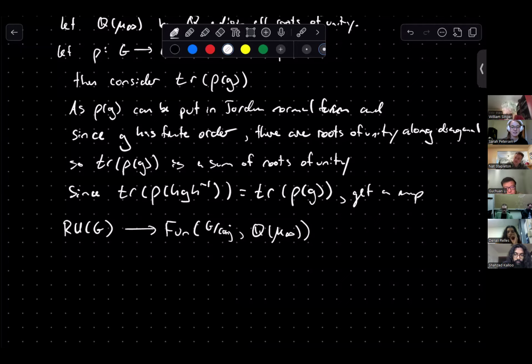G is finite. And the name for this ring is class functions.